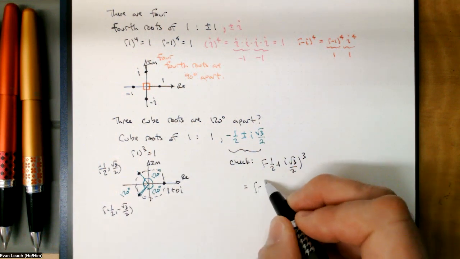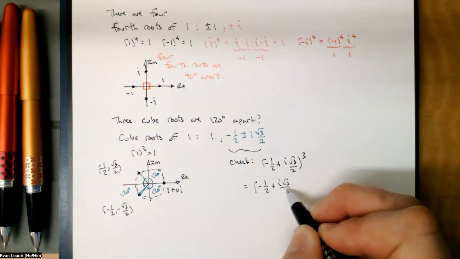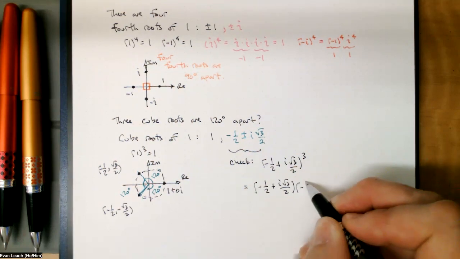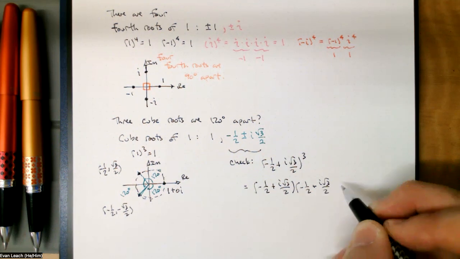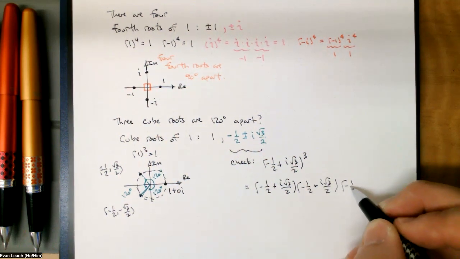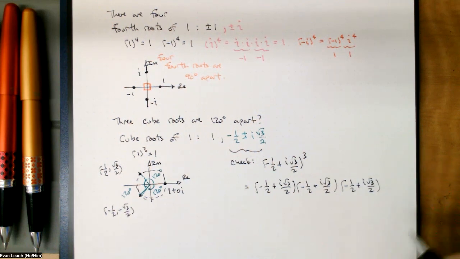Now, this would require we take -1/2 plus i root 3 over 2 times another -1/2 plus i root 3 over 2 times another -1/2 plus i root 3 over 2.